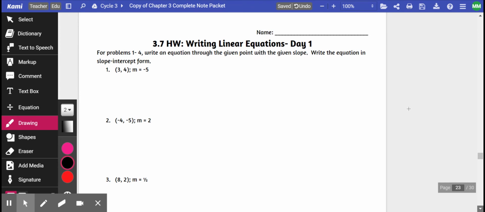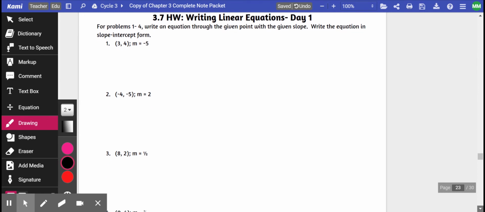And we're going to go ahead and do a few of these problems where we are solving for our equation. Okay, remember, you always want two things. You want M and you want B. If you have to solve for both, you're going to solve for M first.